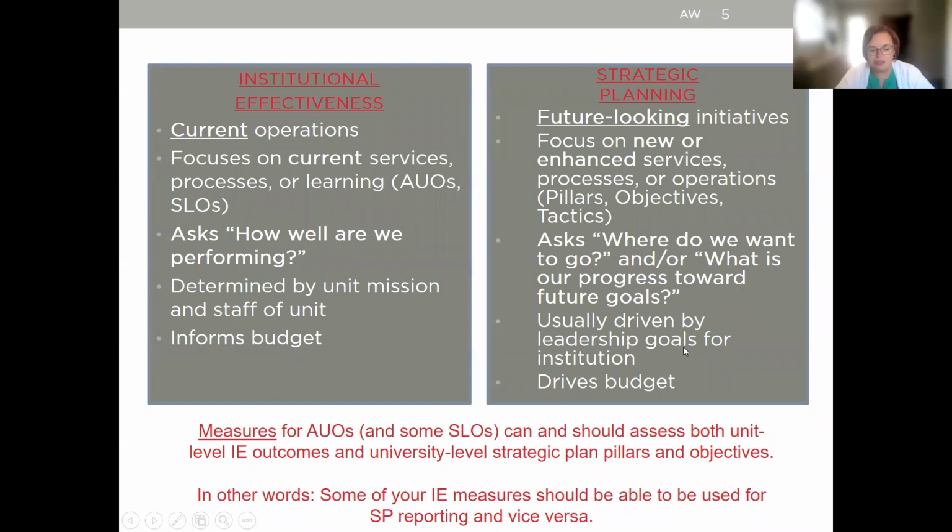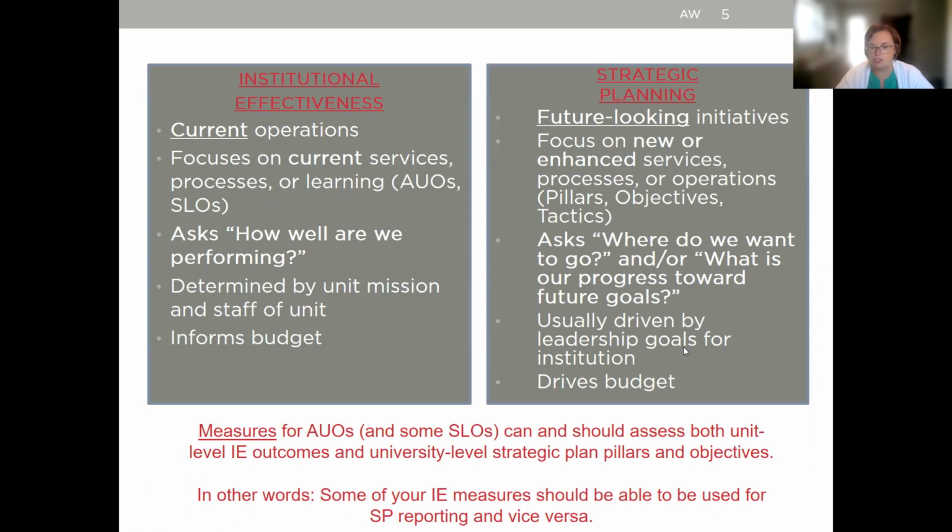Yeah, in these workshops, we usually do talk about the relationship between institutional effectiveness and strategic planning, but that has actually become even more important as the university is embarking on the new strategic plan, which is sort of still being developed. We have the major pillars and the objectives, and now the president's office is working on tactics and measures.